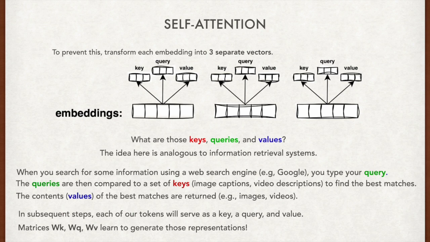Then what the search engine does is the process of comparing the query with the labels of the images available. Those labels can be referred to as keys. If we manage to find the most relevant key to our query, we can return the image, the content assigned to a given key, which we call value.